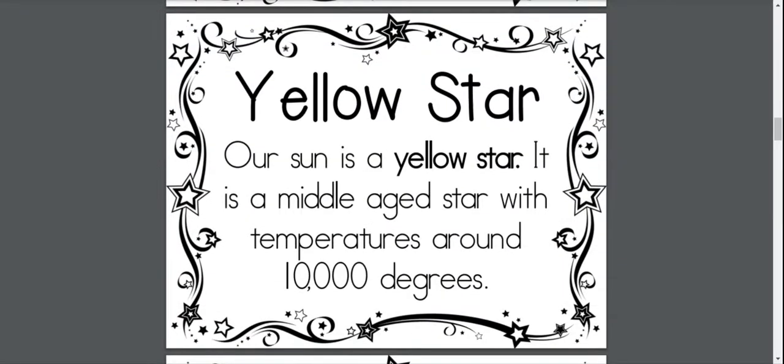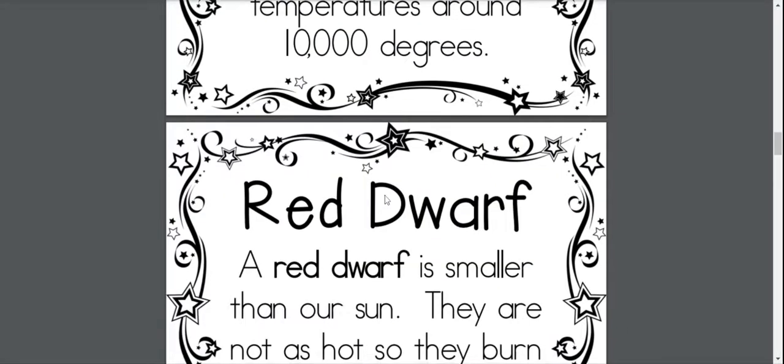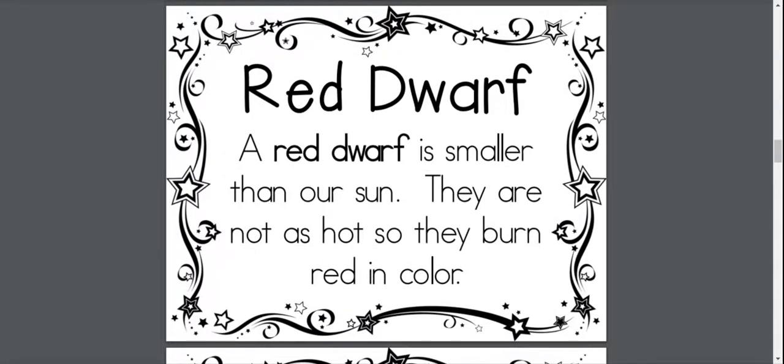Okay, remember I said our sun is a yellow star. So after a protostar, in that diagram I showed you, it has a choice. Do I want to become a yellow star? And if the answer is yes, this is actually considered to be a middle-aged star. Temperatures around 10,000 degrees.